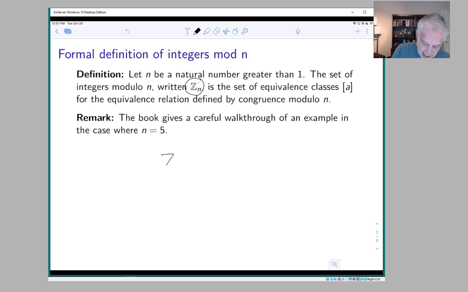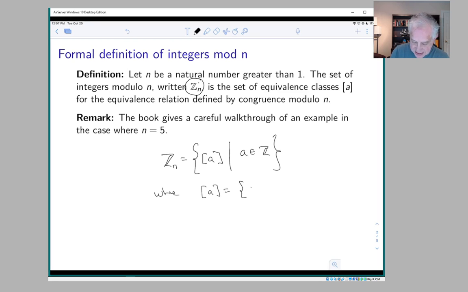In other words, Zn is the collection of equivalence classes [a], where a is in Z, where, more formally, [a] is the collection of x in Z such that x is congruent to a mod n.